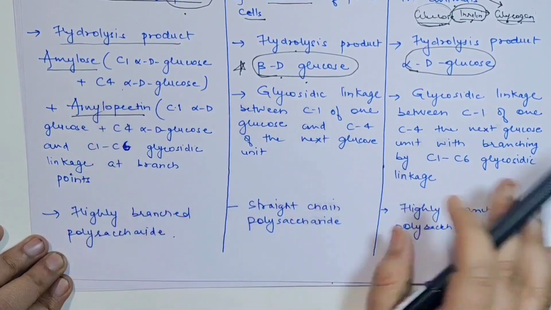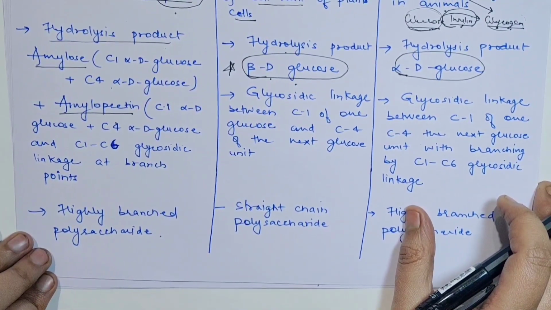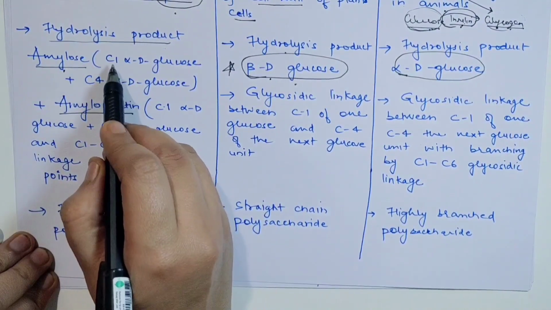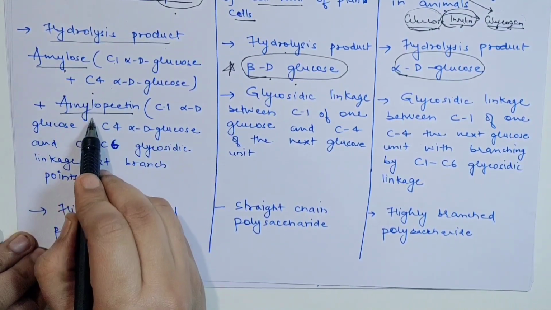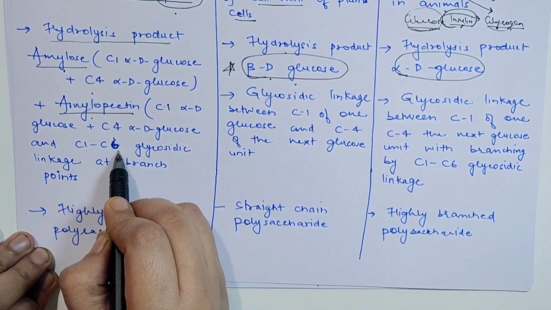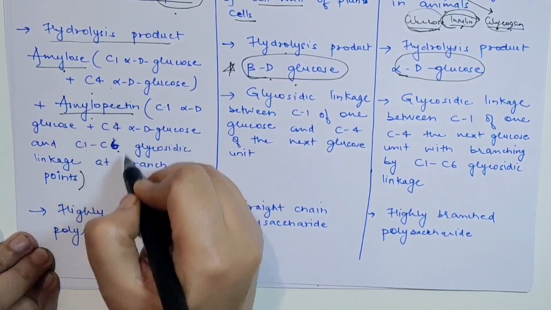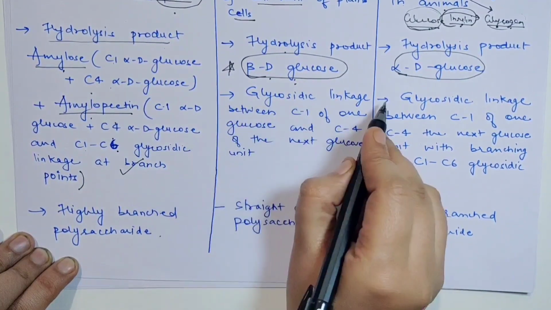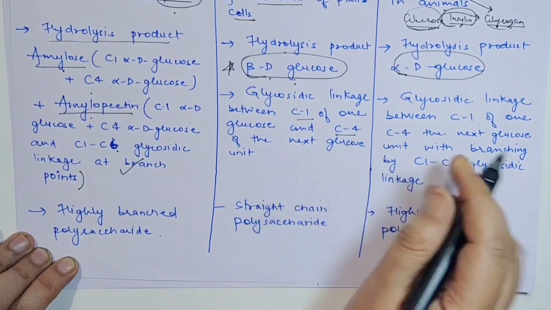Then, talking about the linkage in amylose and amylopectin. Amylose, we know that it's a straight chain, so the linkage is C1-C4. In amylopectin, apart from C1-C4, there is C1-C6 at branch points. So these are the linkages here. Here, it's a straight chain, no branching, so C1-C4.